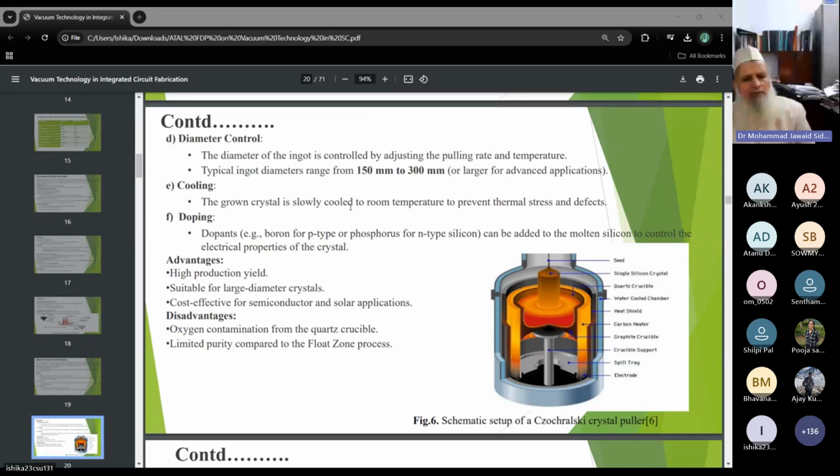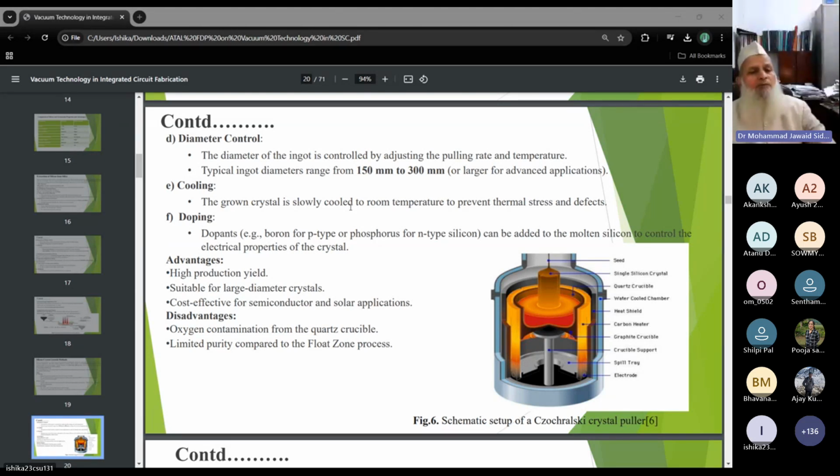Typical ingot diameters range from 150 millimeter to 300 millimeter. Now it goes beyond 12 inch. And cooling: the grown crystal is slowly cooled to room temperature to prevent thermal stress and defects. Of course, at the same time, dopants may be added to the pure silicon.